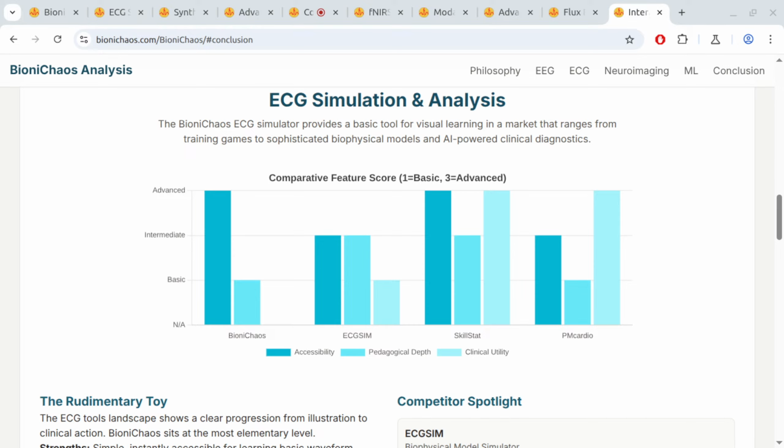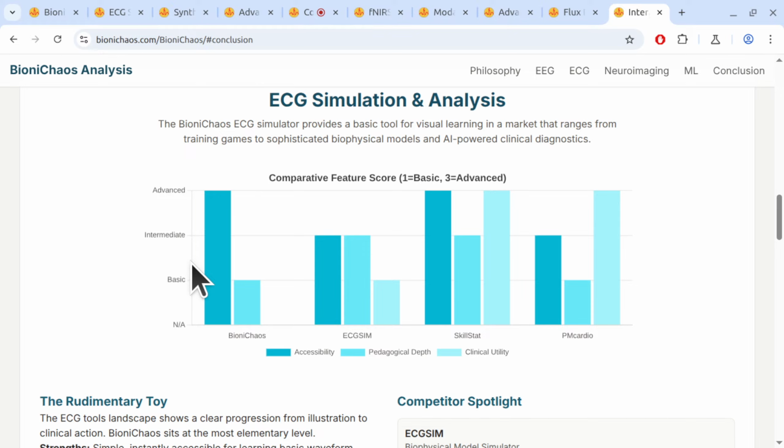Are we going over the scores? Keep going. Right.